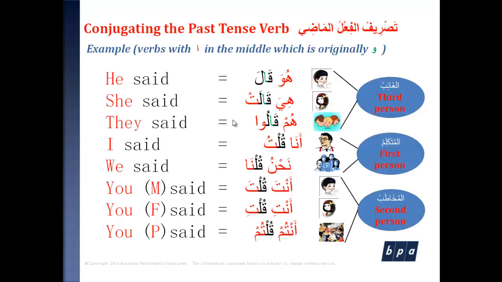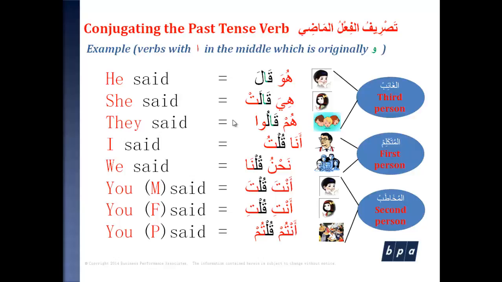But in the past tense form of it, it appears as alif. So just remember there are some alifs that are originally a waw and some alifs in some verbs that are originally a ya, or in the present tense they take these forms, or in their infinitive or original form, what they call the masdar in Arabic, the origin of the word.